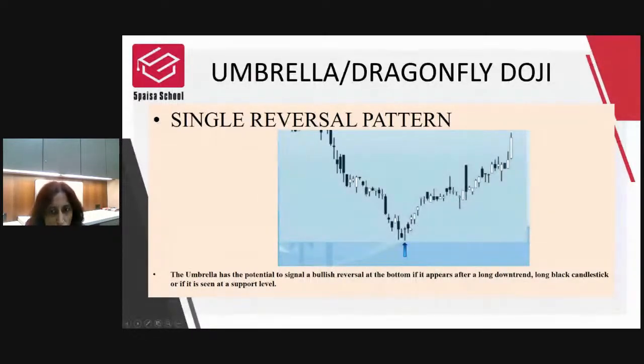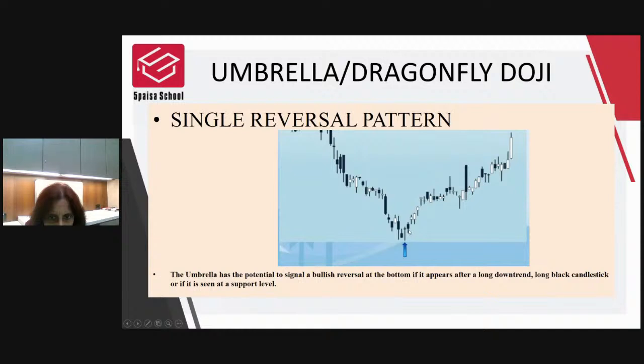But you have to look at what kind of candlestick is happening immediately after the umbrella candlestick or a dragonfly doji candlestick, right?